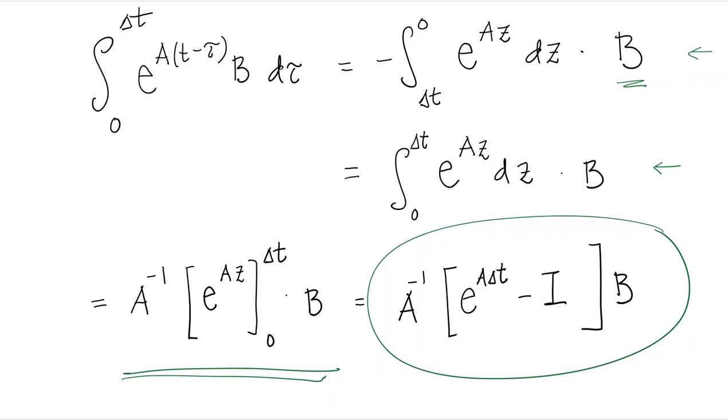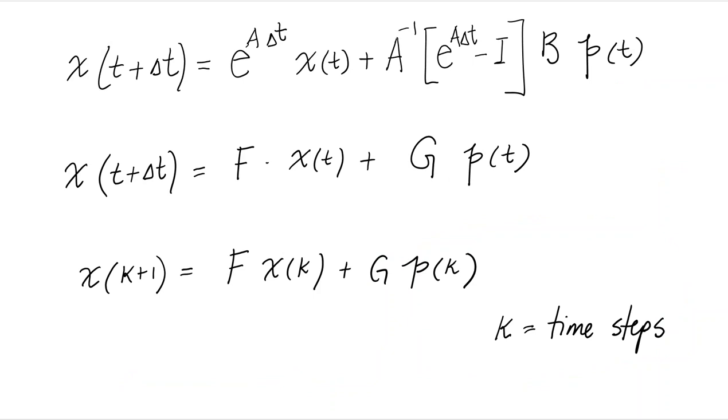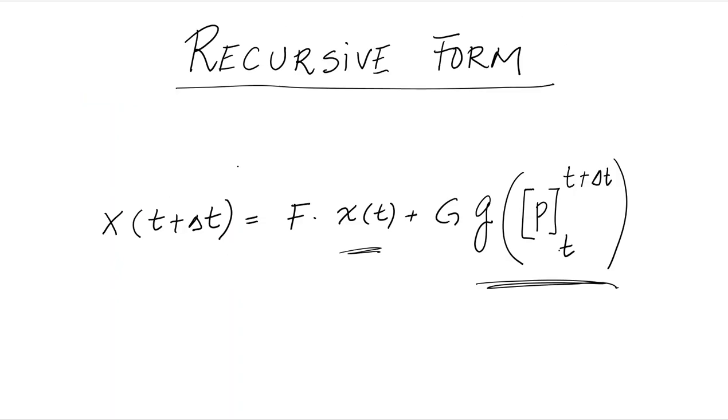And so writing the whole thing again, we see that the state at t plus delta t equals e to the A delta t times x at t plus A to the minus 1, parentheses e to the A delta t minus the identity, parentheses, times B times P of t. So this matrix here, e to the A delta t, becomes our matrix F that we were seeking at the beginning of our discussion.